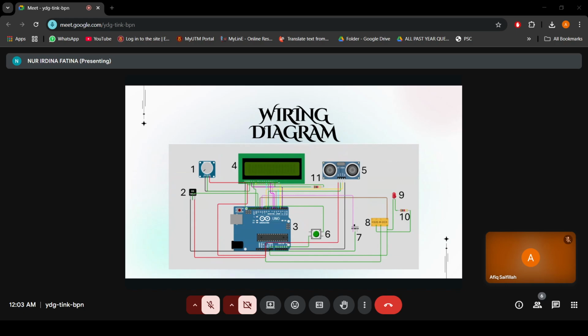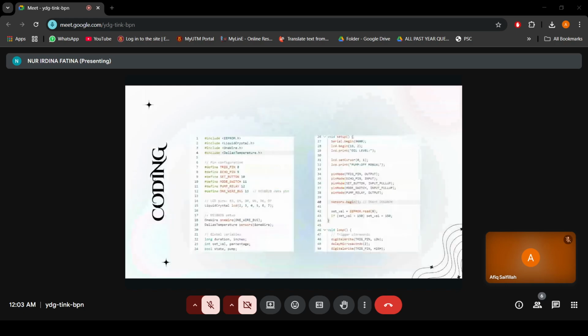Okay, so for this part I will explain about the coding. Briefly, for the coding part, I use the Arduino IDE. I include all the libraries needed in order to turn on all the sensors and connect to the Arduino Uno as our microcontroller.